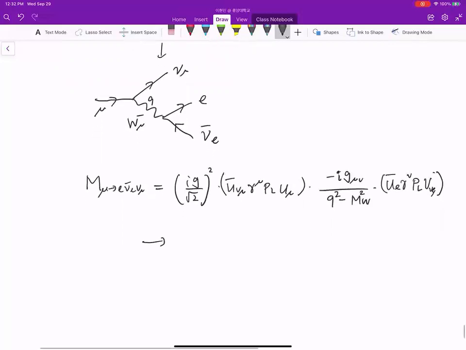Here the momentum of the W boson is much smaller than the W boson mass, so you can ignore this momentum in the W boson propagator.